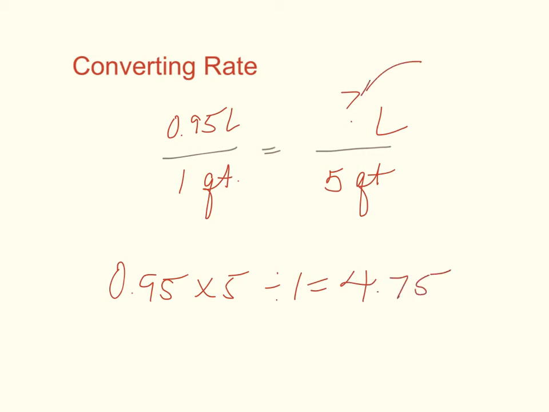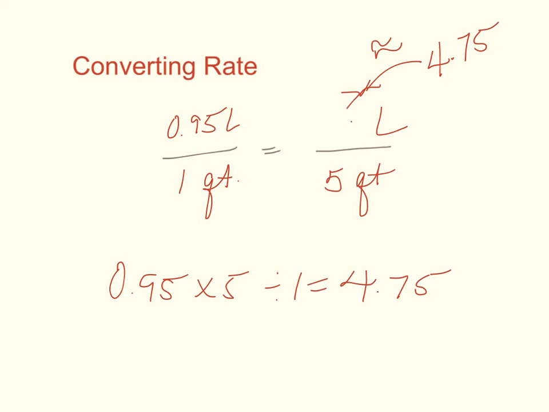So this is 4.75 liters. And that's an approximate amount because we've done some rounding in our calculation, but it's close enough for what we're doing. Remember, you always round decimals in this case to the nearest hundredth place, 2 decimal places.